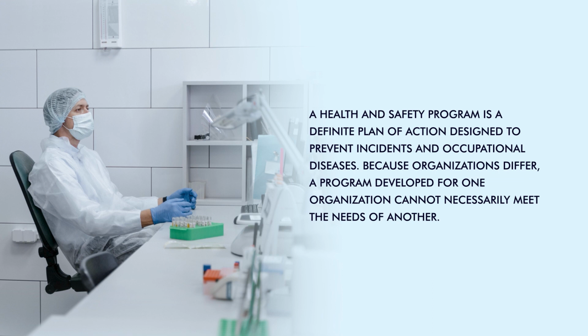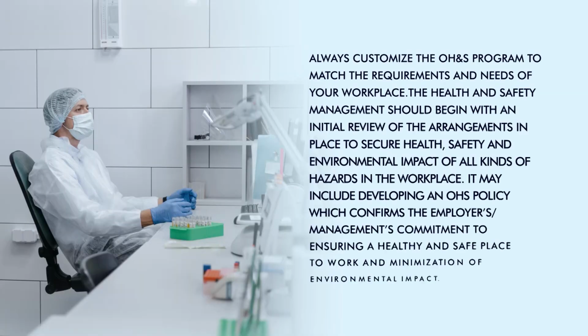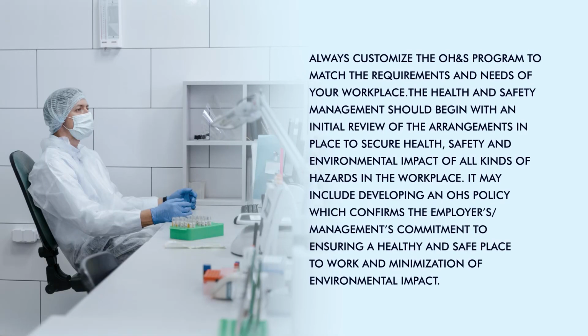Any organization will vary from one to the other, and a program developed for one organization cannot necessarily meet the needs of another, obviously because of the existing environment and occupations. So always customize the occupational health and safety program to match the requirements and needs of the workplace.